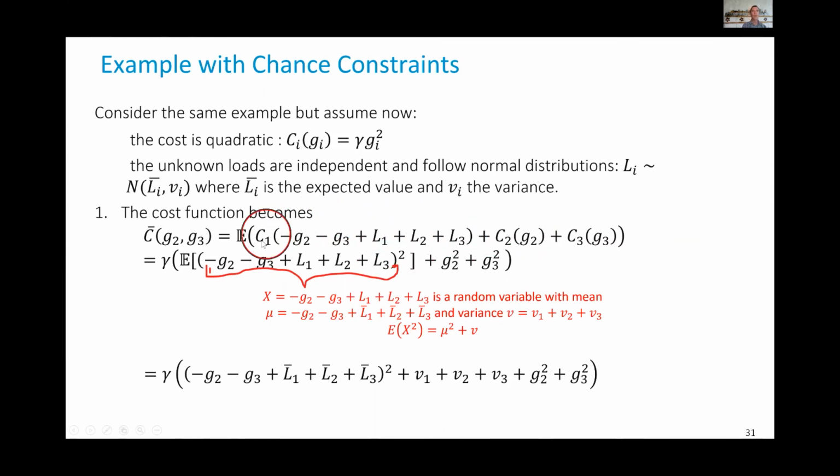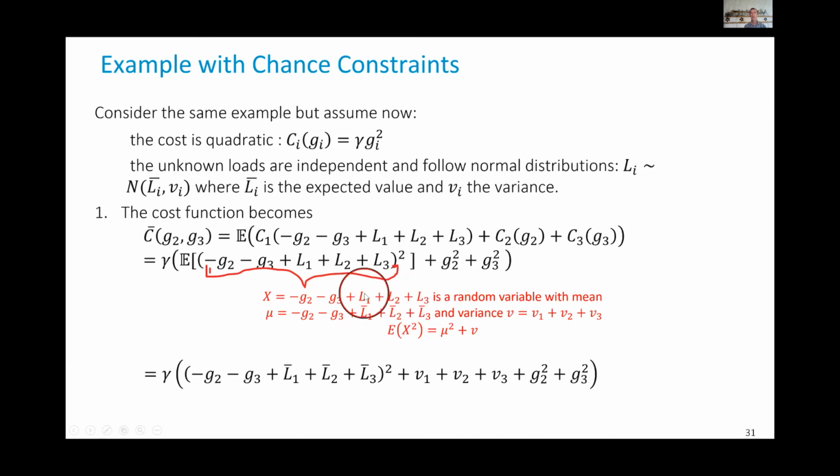So we have to compute the expectation of, I factor out gamma that goes out of everything, the first term to the square, and then the others are non-random, so they are simply equal to G2 square plus G3 square. And the question is, what is this expectation? I can view this as a random variable, minus G2 minus G3 plus L1 plus L2 plus L3, which has a mean equal to the constant plus the sum of the means of the constituent random variables.